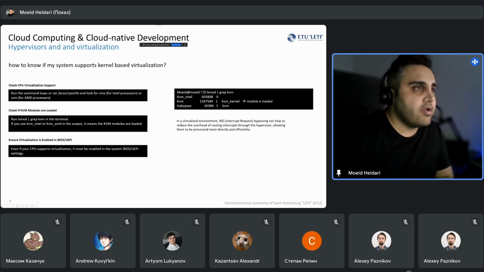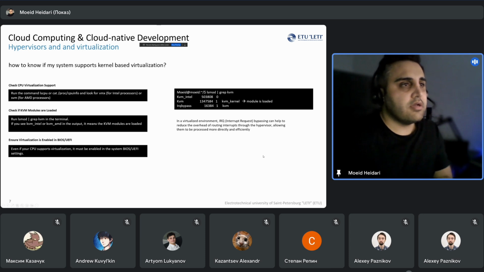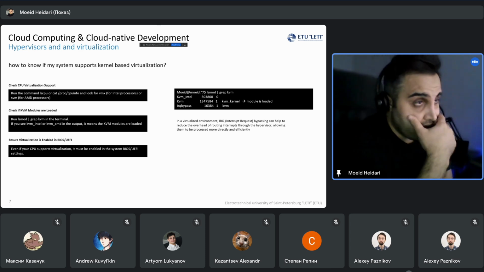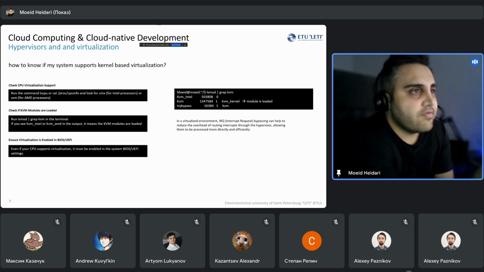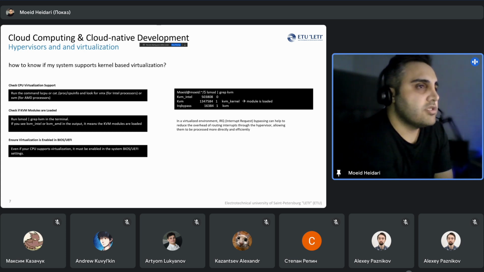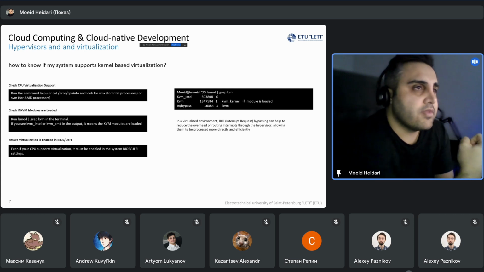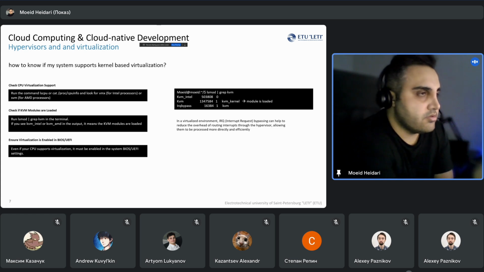Then IRQ bypass, actually it's the interrupt request bypass. This is a very cool feature where, when you run your virtual machine, the virtual machine tries to get the interrupt requests from the user and bypass them to the underlying hardware system or to the processor.